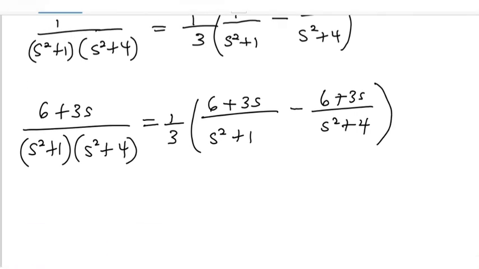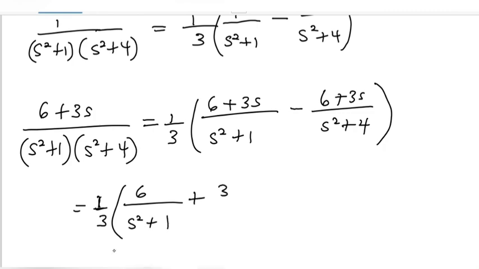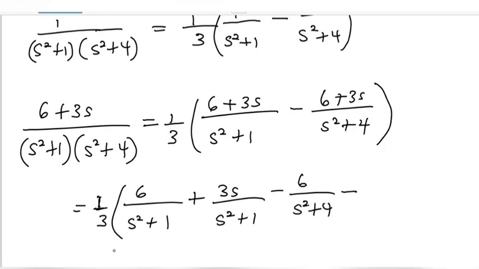And that has simplified our work. Okay, so this is just going to be 1 over 3 into 6 over s squared plus 1 plus 3s over s squared plus 1 minus 6 over s squared plus 4 minus 3s over s squared plus 4.